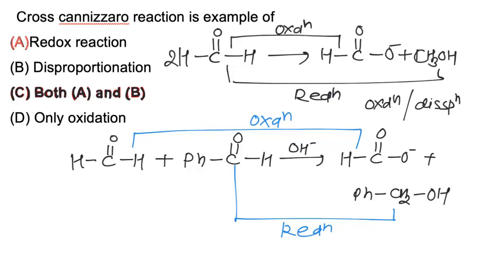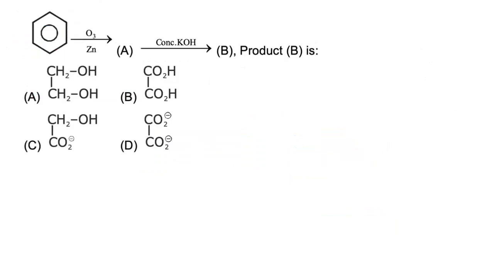So every Cannizzaro reaction is not a disproportionation reaction, and hence cross Cannizzaro is an example of only redox reaction, and hence the correct answer is A.